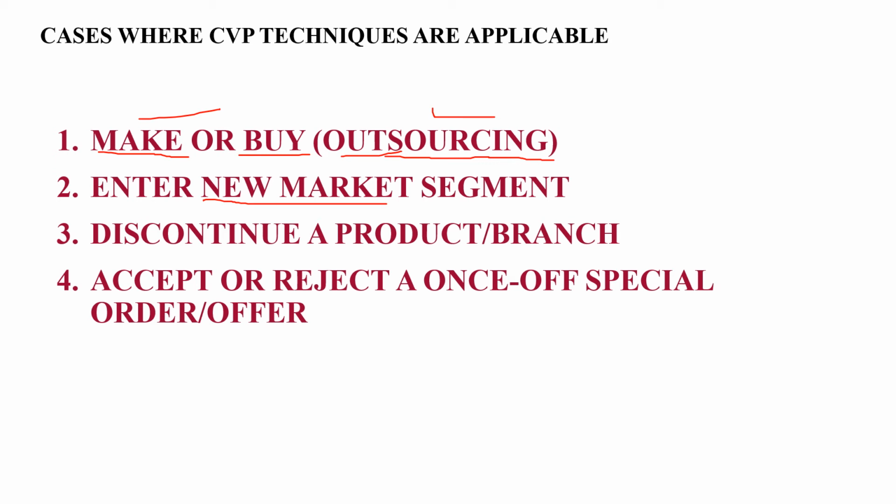Number 3, whether you want to close or to discontinue a product or a branch of your company, CVP analysis can still be used. Whether you accept or reject a once-off special order or offer, CVP analysis can also be used to influence your decision.